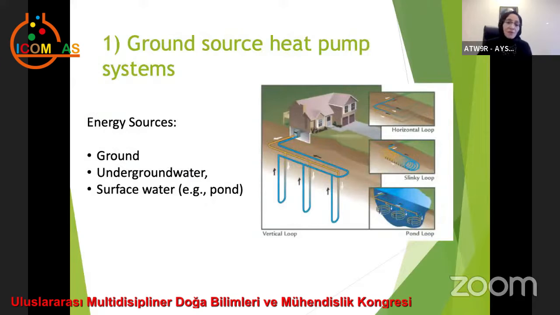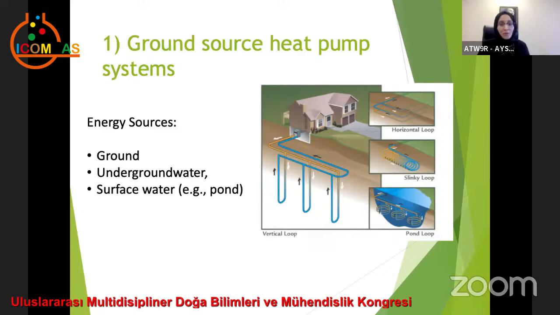The shallow geothermal energy systems are basically implemented in two ways. One is the ground source heat pump system. This system uses the ground, underground water, or surface water as the energy source. Usually the conventional heat pump system uses air, but air temperatures vary a lot, and this variation makes the system less efficient.